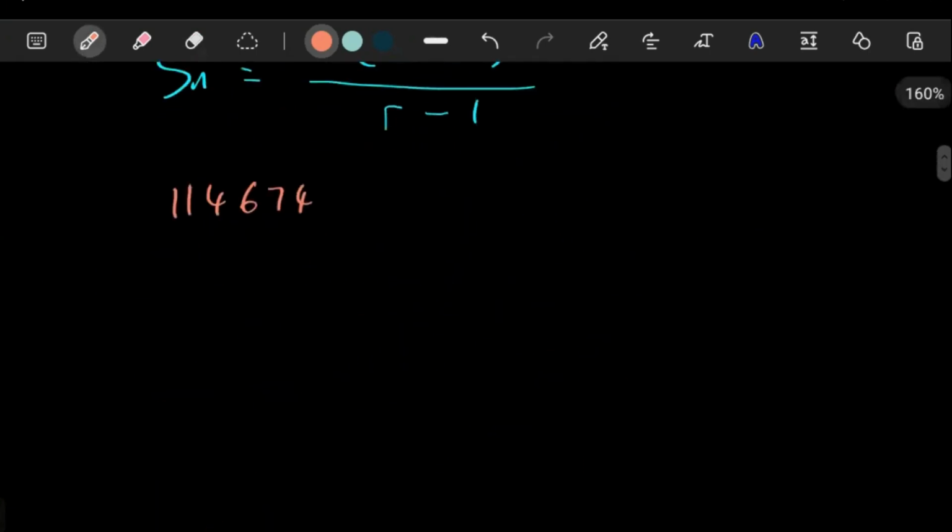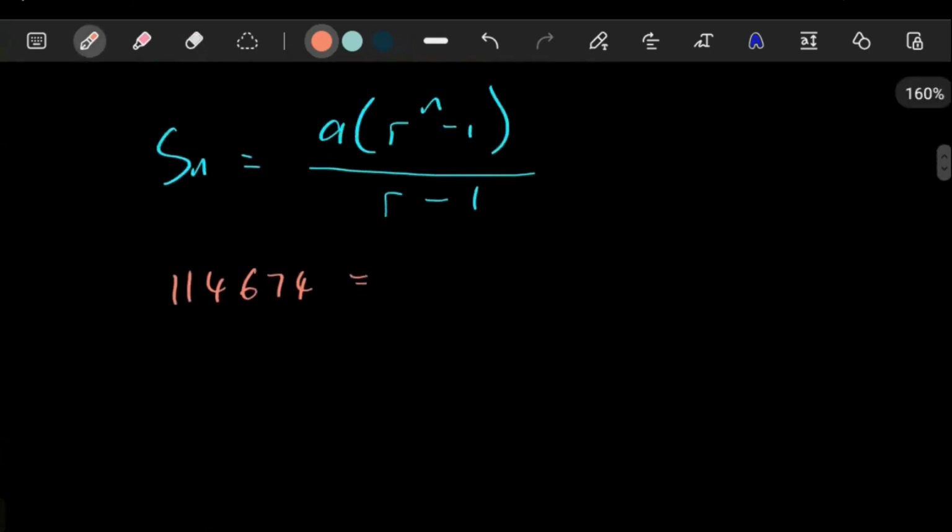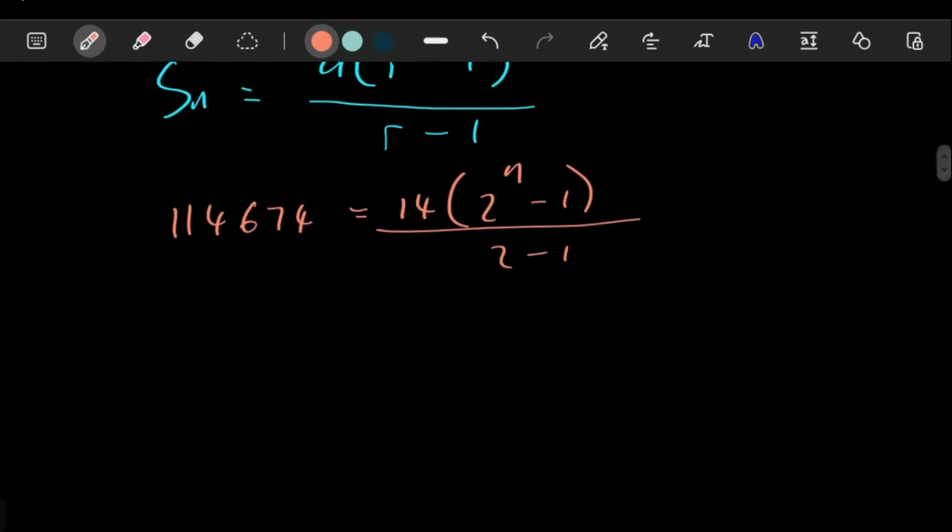114,674 equal to 14, let's just carry on, n minus 1 here, 2 minus 1. 2 minus 1 here is a 1. So you have here 14, because this is just a 1 at the bottom there. And then what's next?